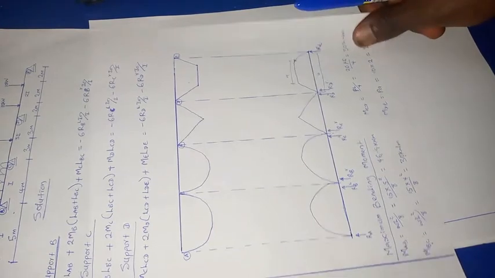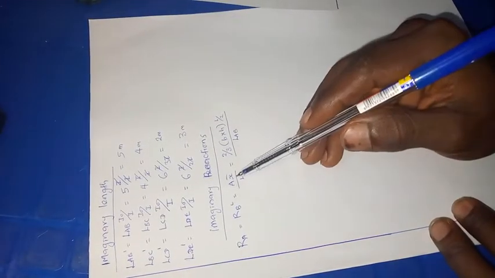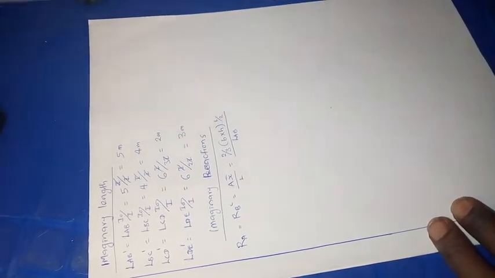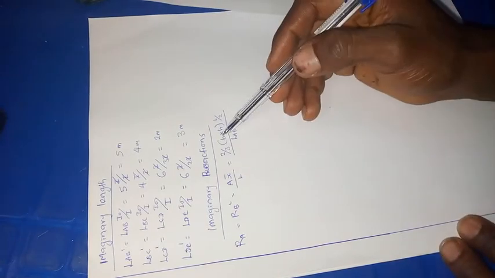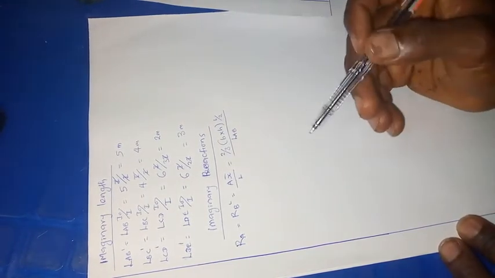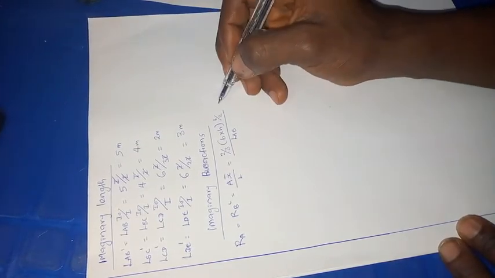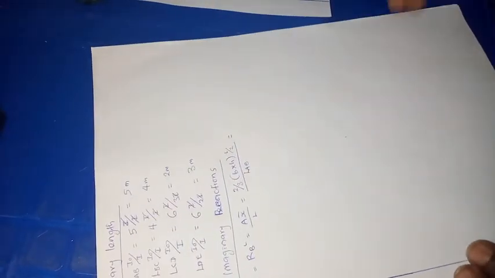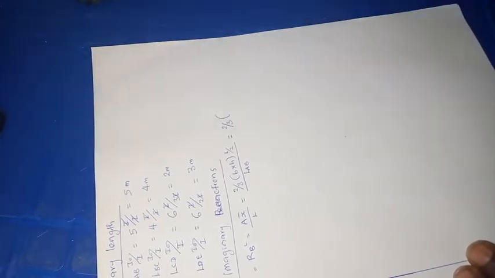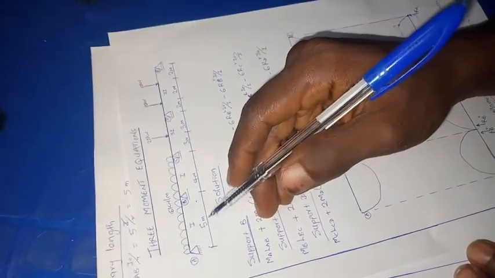So the same case here, we have our area times the centroid divided by the length, where the area of a parabolic shape, the parabolic shape from A to B, is 2 over 3 times the breadth times height, multiplied by L over 2. Substituting inside this formula, I'm going to have 2 over 3 multiplied by the breadth, which from our question here is 5 meters.